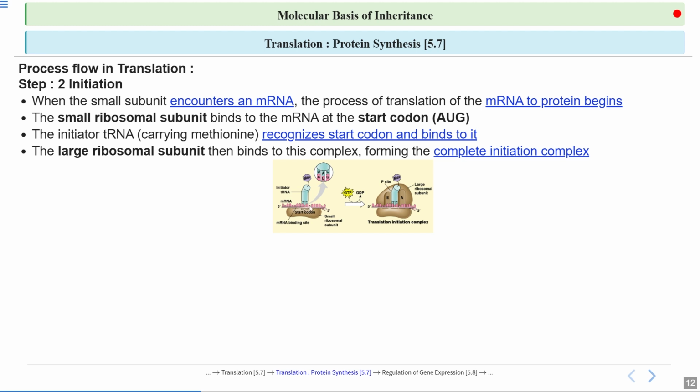After this, the large ribosomal subunit came and bound, as you can see, and now this complete complex is called the initiation complex.